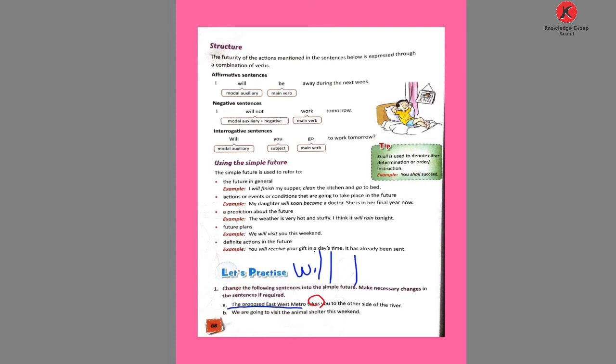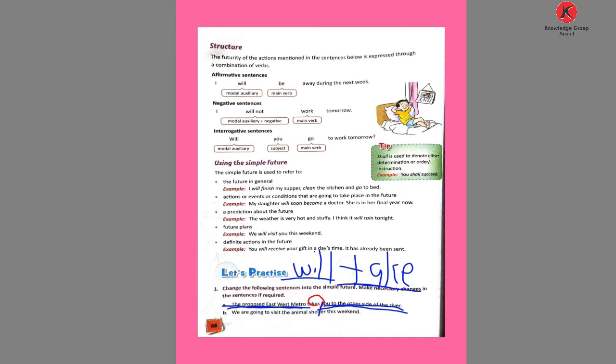Will. Then the verb take we use. We remove the s of the sentence, and the remaining part remains the same. So what is the sentence? The proposed east-west metro will take you to the other side of the river.